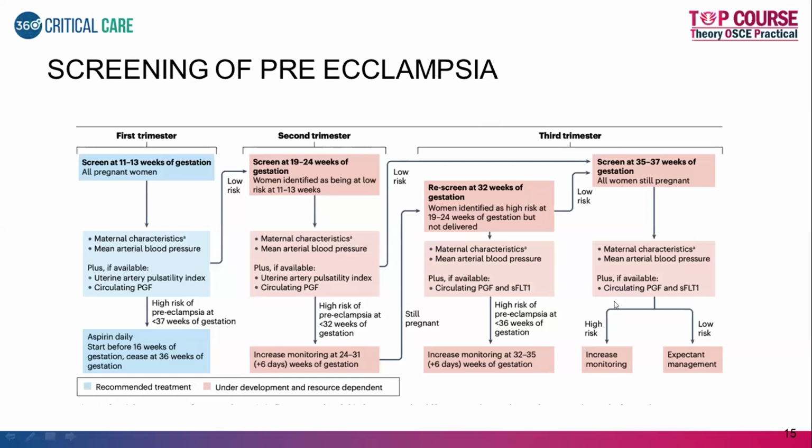Similarly, if you diagnose it in the third trimester, you require proper monitoring and then think of expectant management, whether delivery is required or you can extend the pregnancy. So this is how you screen the pregnant lady. Suppose this patient here is at low risk, it might go to high risk in the second trimester. So 3 times you need to screen these patients for preeclampsia.